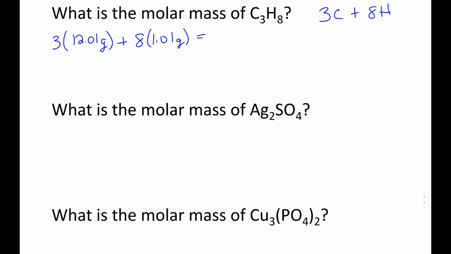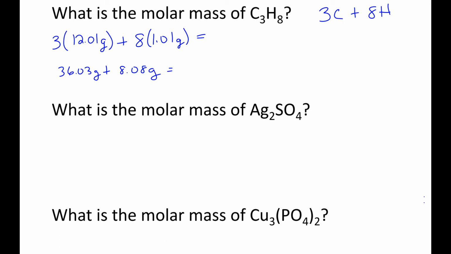Now, as I said, if you're not using a calculator with parentheses, then you have to do the second step, which would be 36.03 grams plus 8.08 grams. But if you're using one with parentheses, you don't have to do that step.